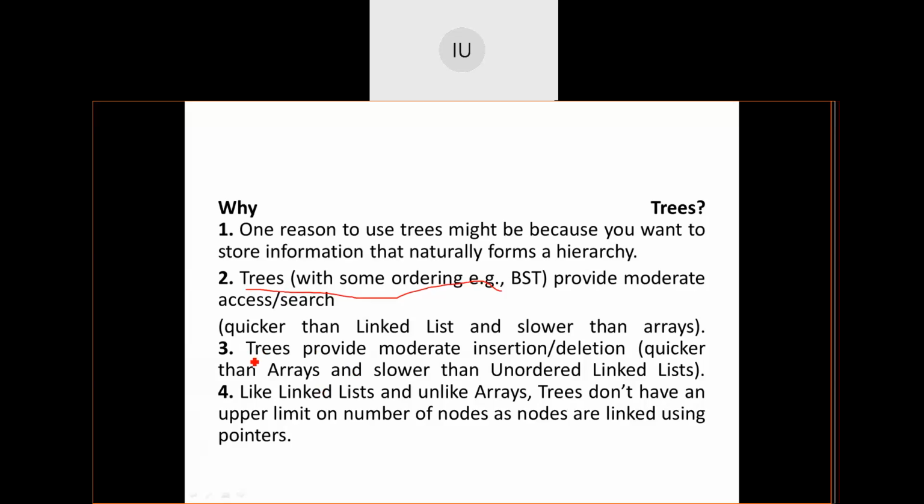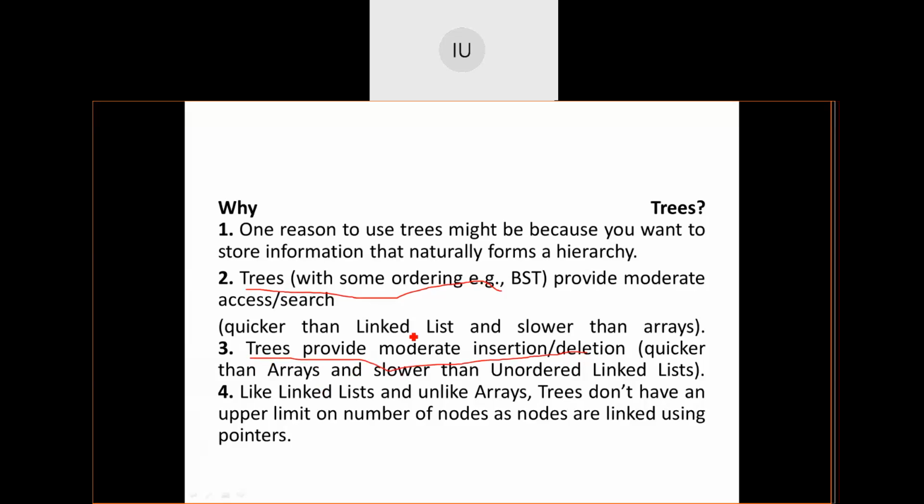Then, the third reason: trees provide moderate insertion and deletion. It is not so slow, not so fast. With arrays, insertion simply goes on at the end, and it is simple insertion, simple deletion, as with queues. But when I take up insertion and deletion in between, then trees or linked lists lead to a moderate level of insertion or deletion procedure.